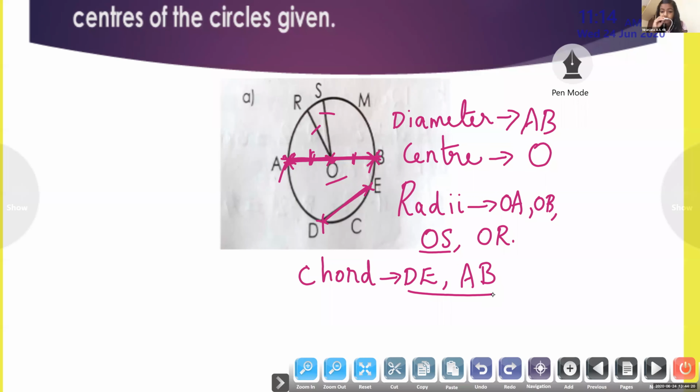Understood? So the diameter is AB, the longest chord, passing through the center. O is the center of the circle. Radii OR, OS, OB, OA start from the center to the edge. And a chord should touch two endpoints on the circle.